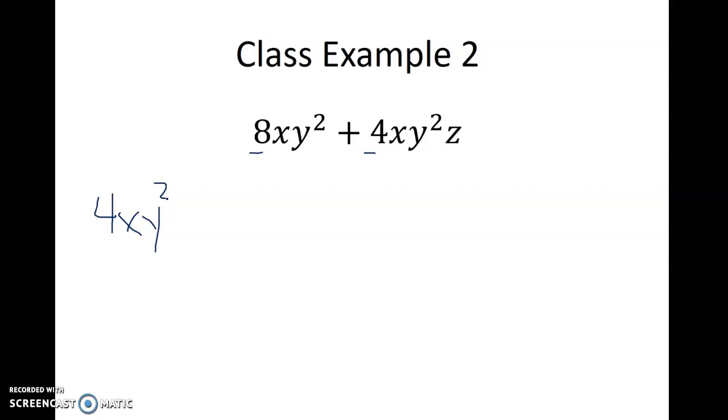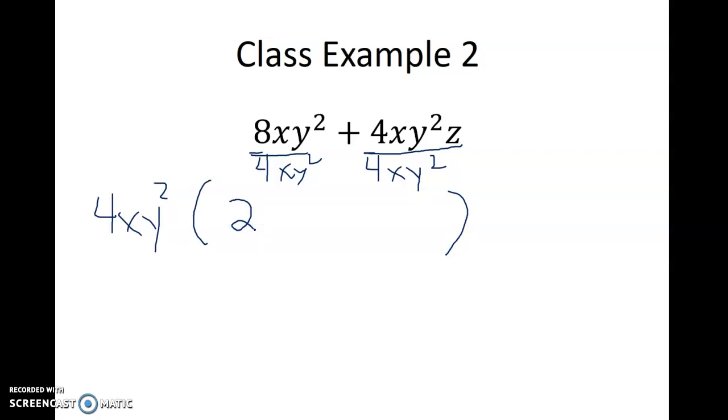So we found the GCF of the terms. Now, number 2, you pull it out by putting it on the outside. And now I'm going to divide both of these terms by 4xy squared. Both terms get divided. 8 divided by 4 is 2. X divided by x is no x.